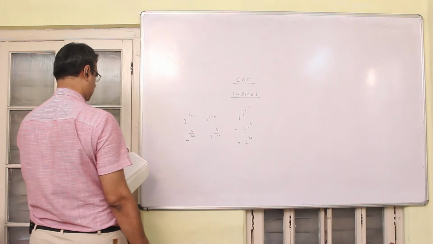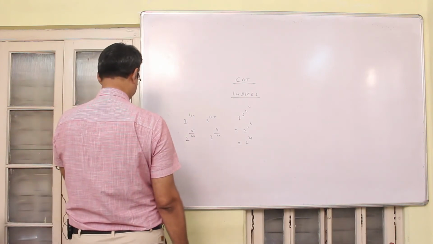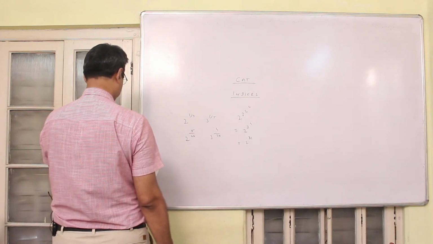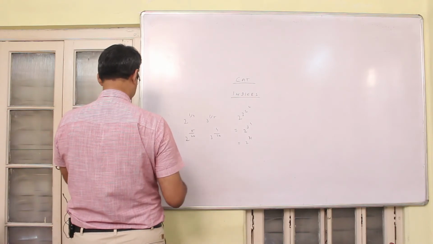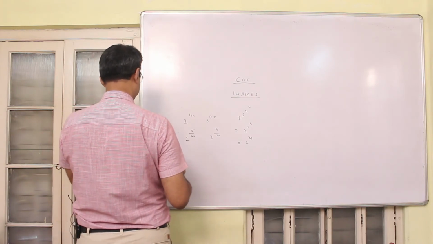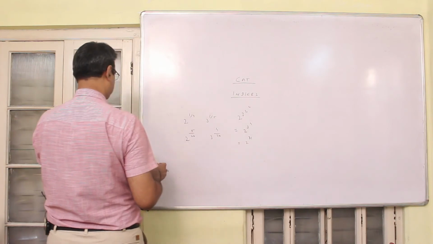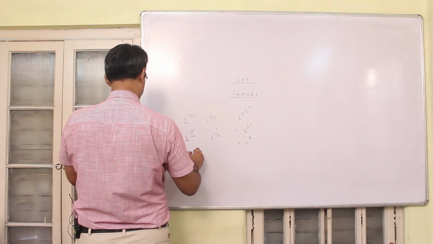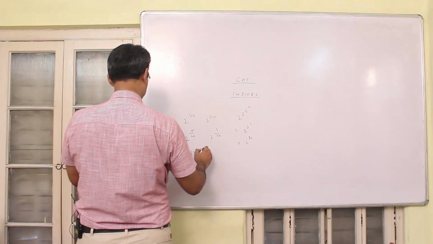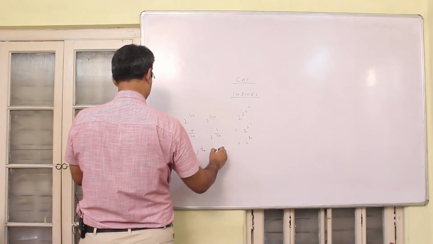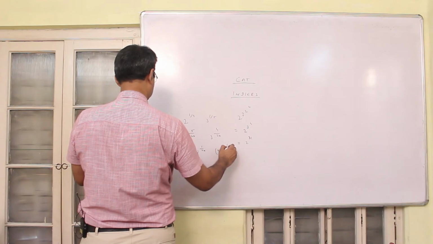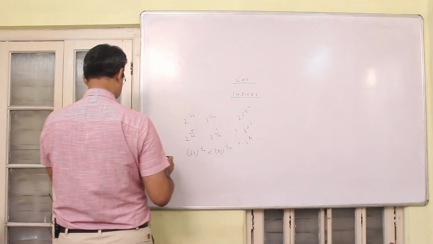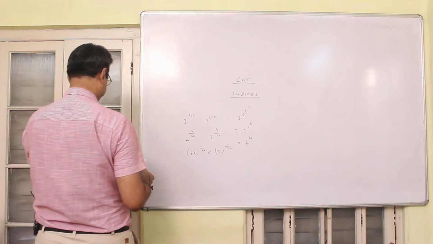So this will become 2 to the power 5 by 20 and 3 to the power 4 by 20. Now 2 to the power 5 is 32 and 3 to the power 4 is 81. So it's clear that this number is greater.